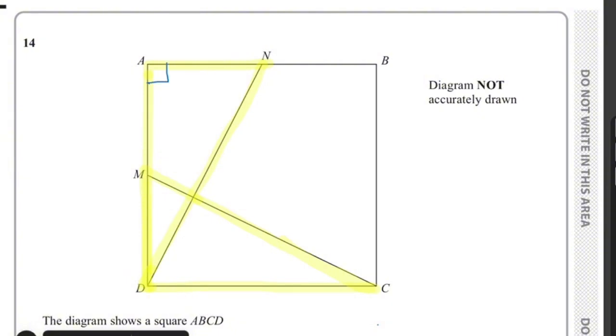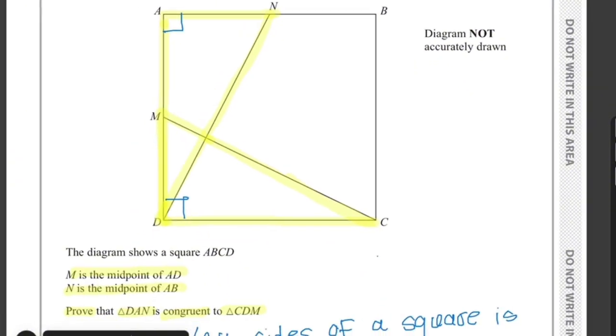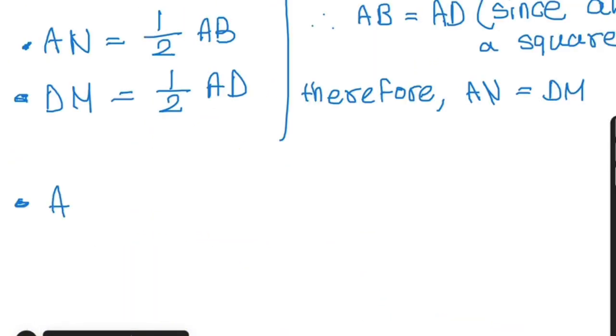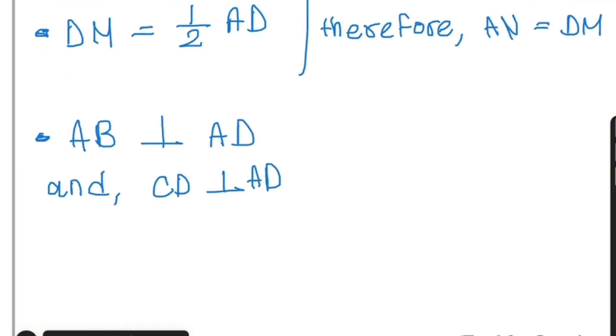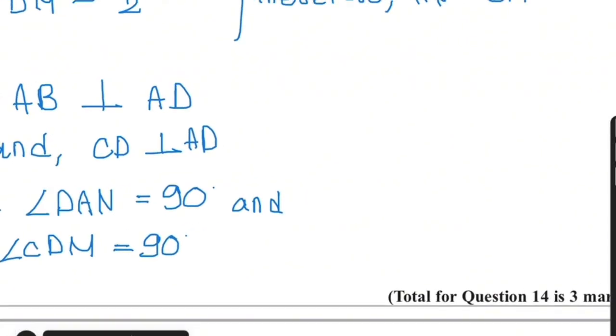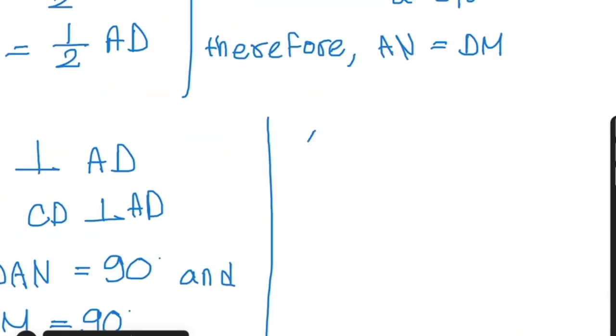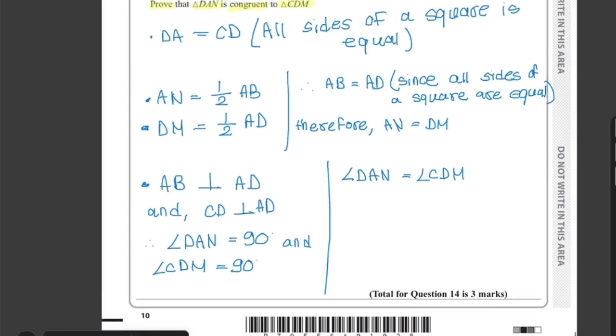This is a 90 degrees and this is also a 90 degrees. AB is perpendicular to AD and CD is perpendicular to AD. So angle DAN is 90 degrees, which means angle DAN equals angle CDM. Perfect.